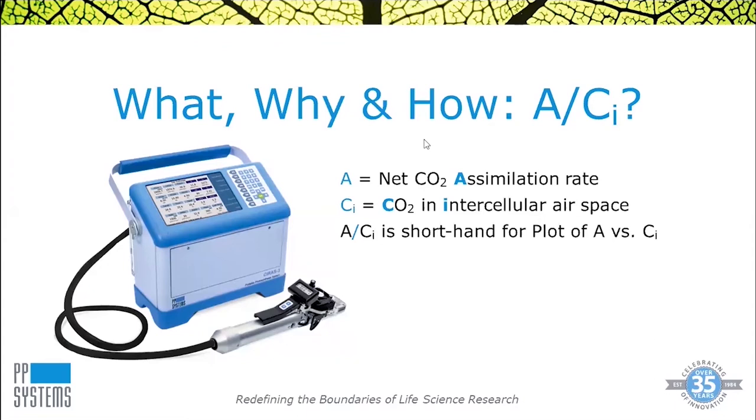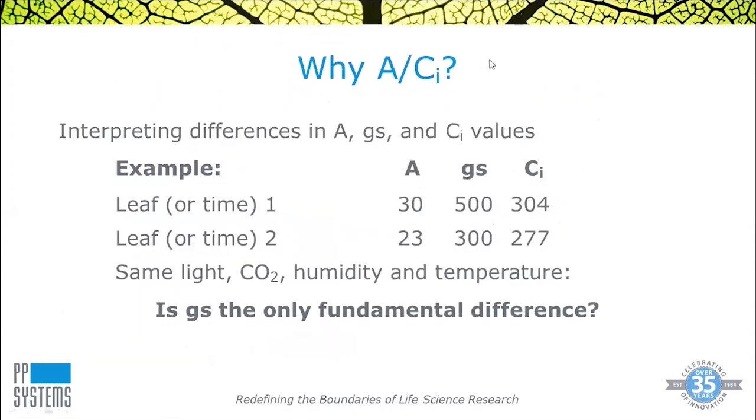Why do we care what an ACi curve is? Why do we need them? The main purpose, as far as I'm concerned, is that they're essential in interpreting differences in photosynthesis, stomatal conductance, and Ci values.